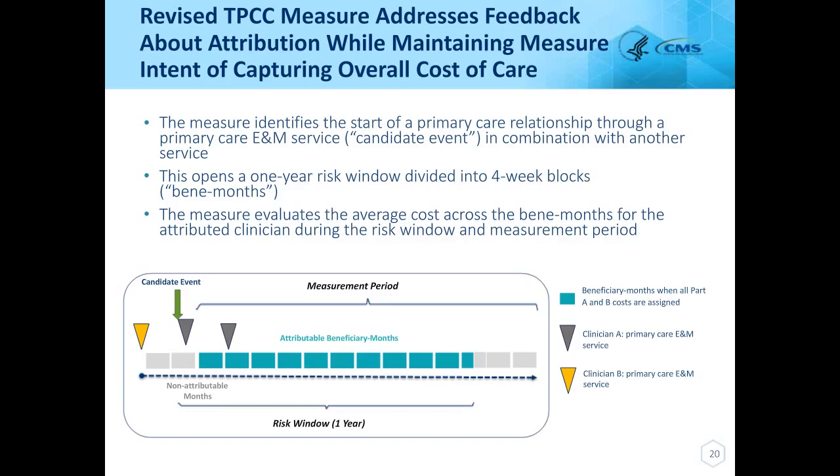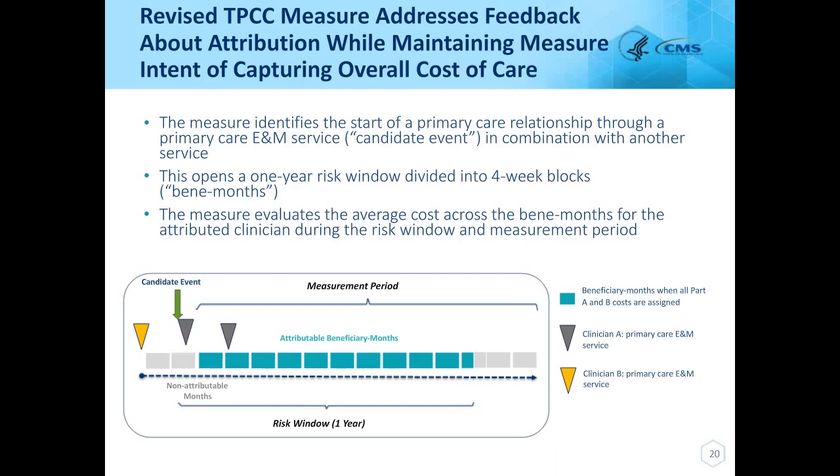And then a year-long risk window is initiated. That's what you see at the bottom there. This is the period of responsibility for costs for Clinician A. The months that are counted in the measure are the ones that are in blue here.